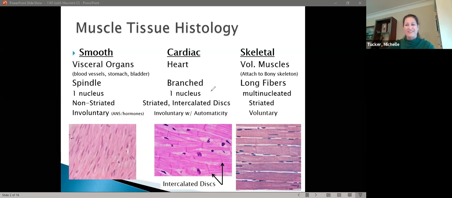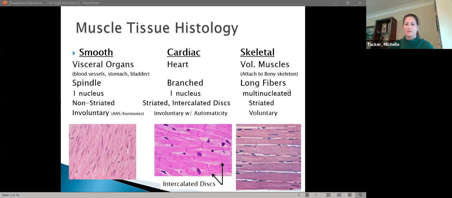In reality, they can also be binucleated. Sometimes during creating these branched fibers, you'll fuse some cells and get some binucleated cells. But for simplicity's sake, so that we can have two distinct categories of uninucleated versus multinucleated, we're just going to say that cardiac tissue is uninucleated.